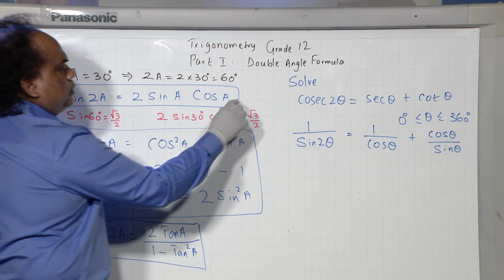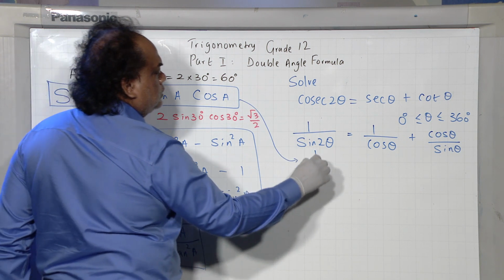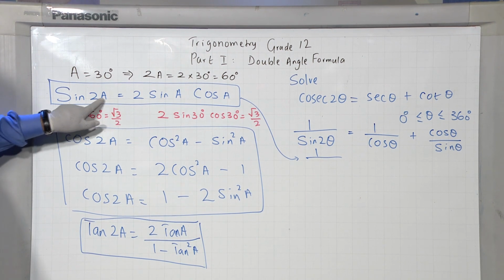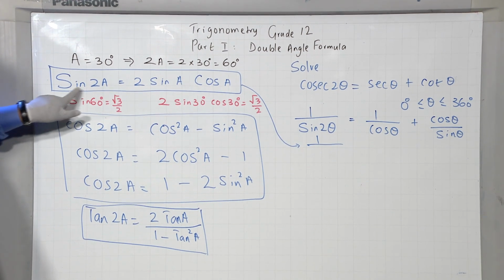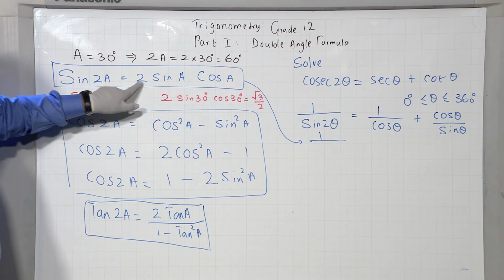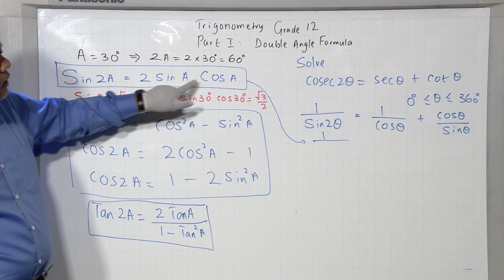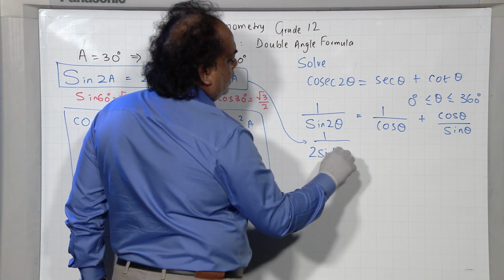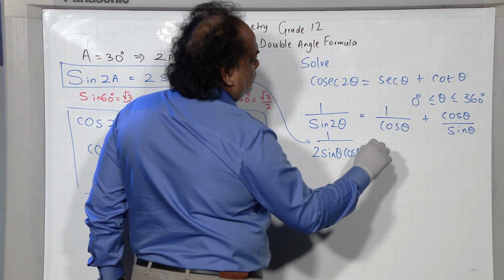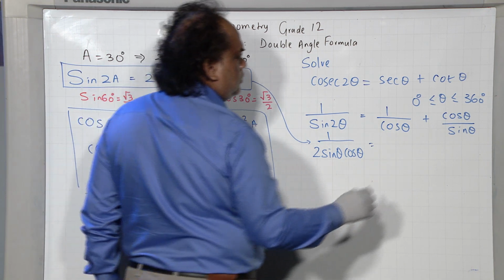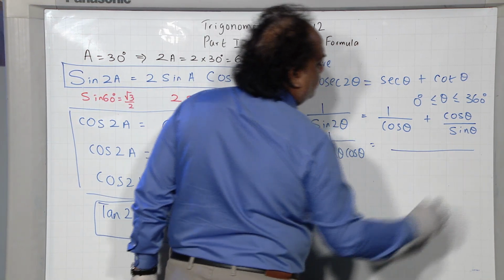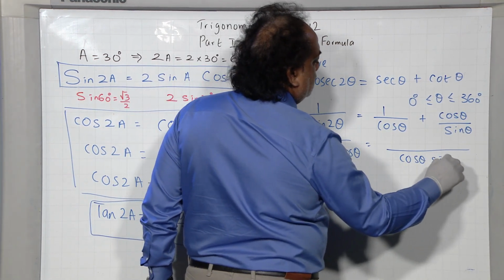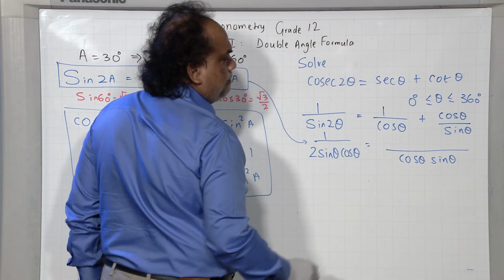Now, I will use the double angle formula that we have just learned. What will be sine 2 theta? Sine 2 theta will be equal to 2 sine theta cos theta. Here as well, we can have the common denominator, cos theta sine theta.